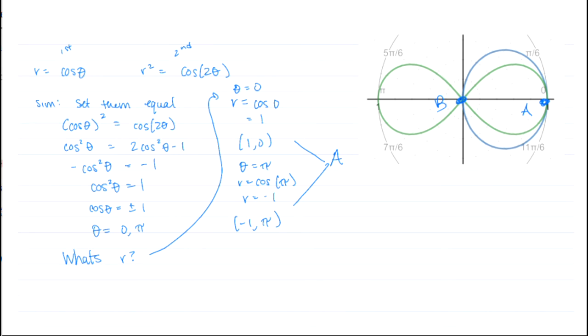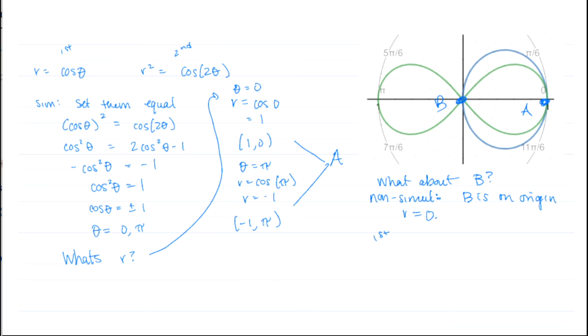So then you got to say, okay, well, what about B? Well, B would be a non-simultaneous solution. And we want to use our eyes to see this, that B is at the origin. So r has to be 0. So then let that be true in both equations and solve.